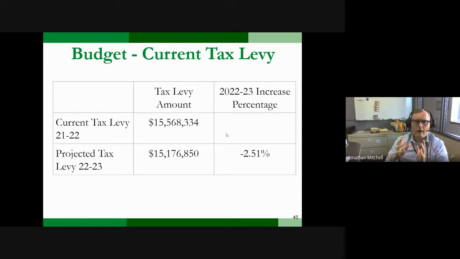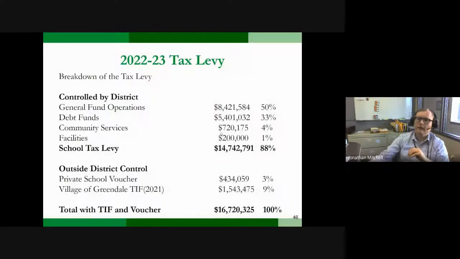So the next question, what are things going to look like in terms of tax levy for the 2022-23 school year? The district would project right now a 2.5% decrease to the tax levy to 15,176,850. To break that down further, we work under fund accounting.